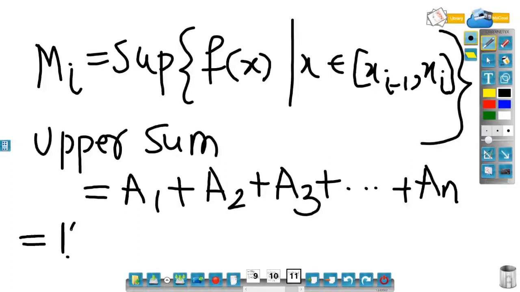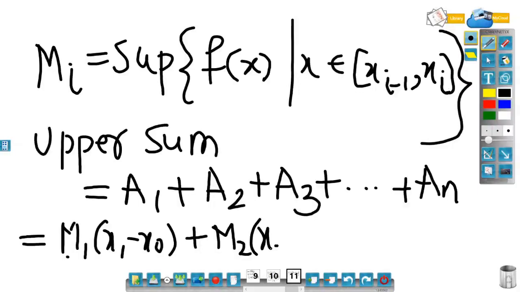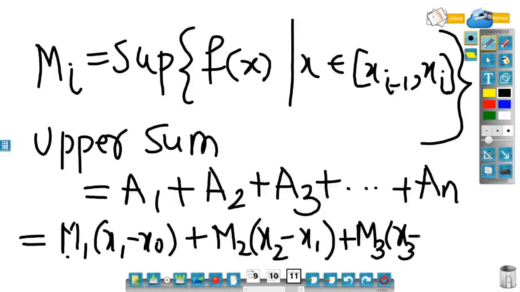which is the same as m1 into x1 minus x0 plus m2 into x2 minus x1 plus m3 into x3 minus x2 plus dot dot dot. The last rectangle will be mn times xn minus xn minus 1, bracket complete.